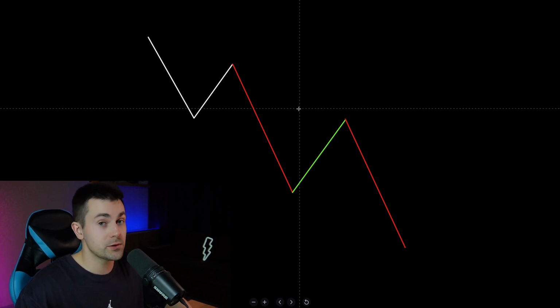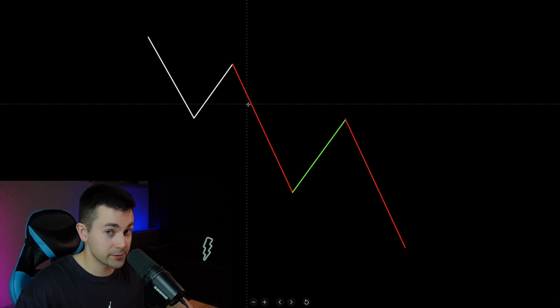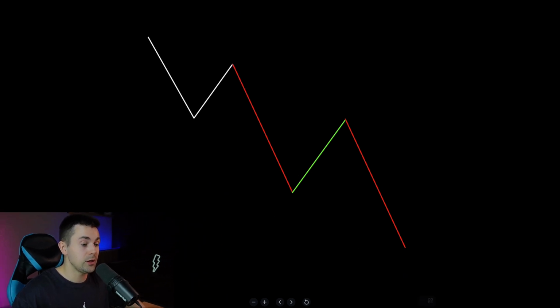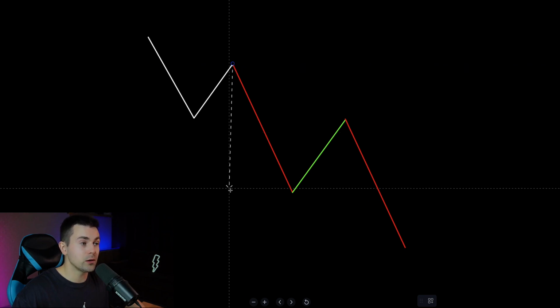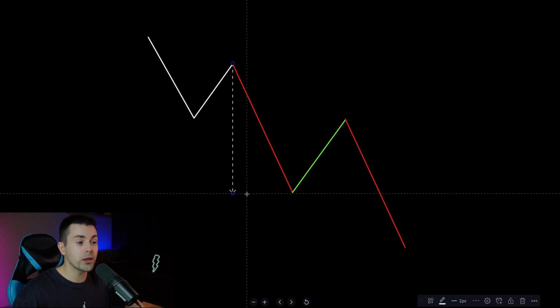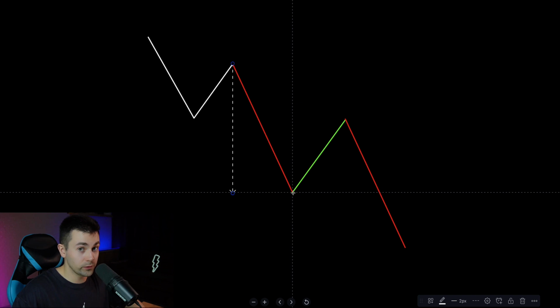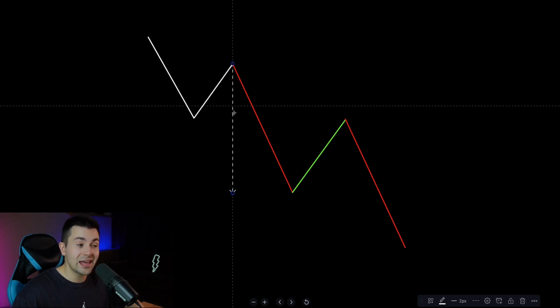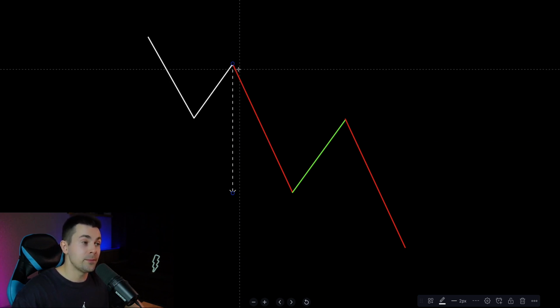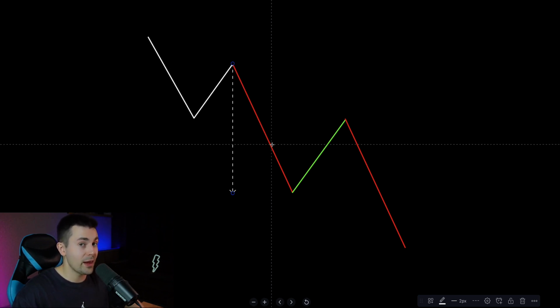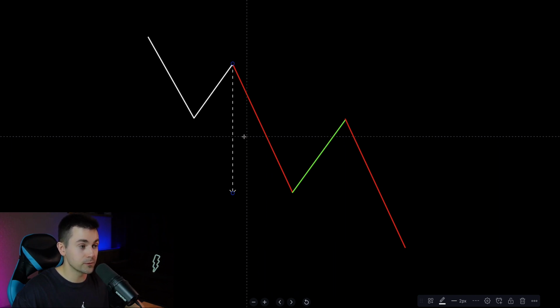First of all, let me show you how to measure the lengths of the impulse. You take the initial point of the impulse and you draw a vertical line all the way down to the completion point of that impulse. That gives you the length of the impulse, and the length of the impulse reflects how many pips the price passed within that impulse.